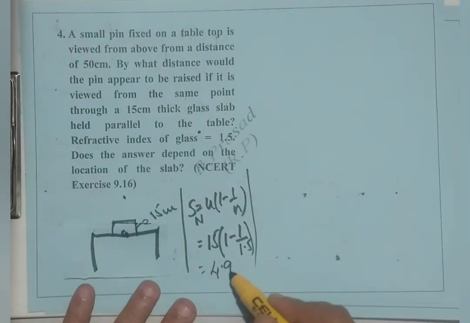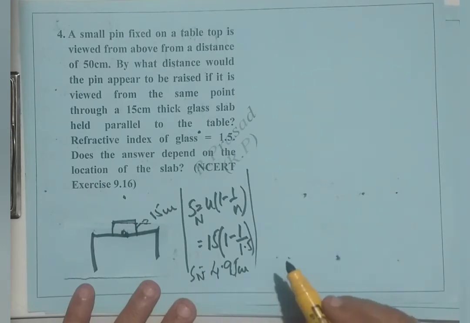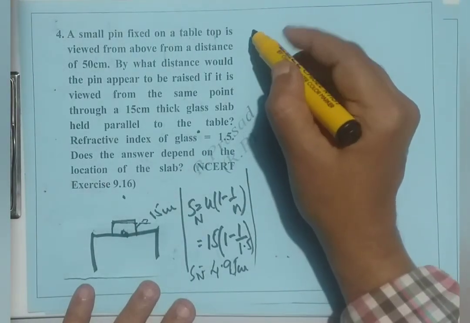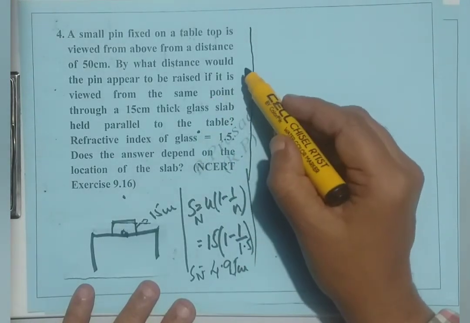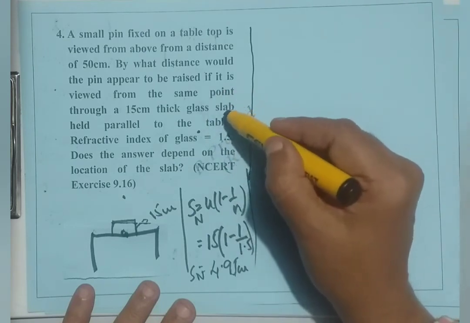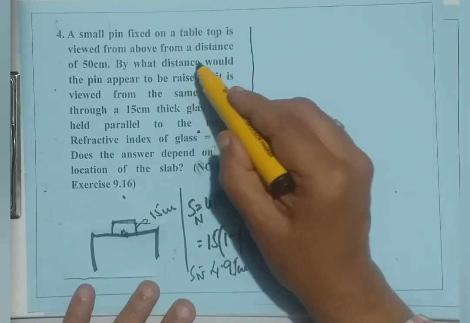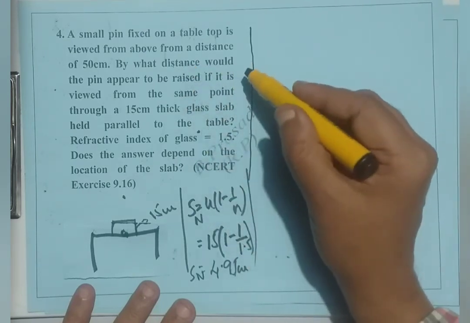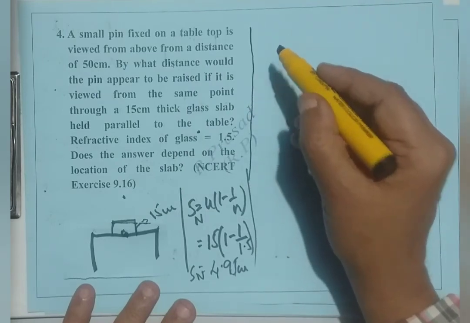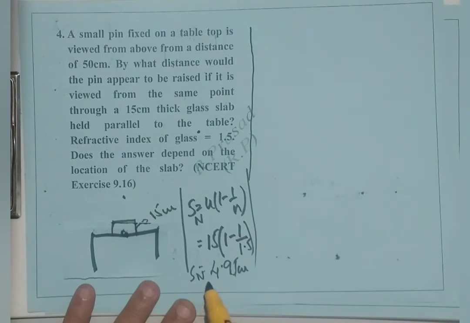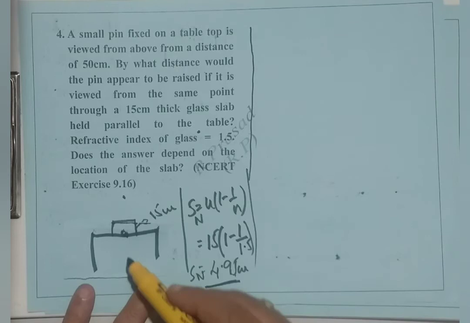This totally 4.95 centimeter. Therefore, total normal shift is this one, and the thing we want to calculate is, by what distance would the pin appear to be raised? That means apparent normal shift is to be calculated. Therefore, this is the distance through which it appears to be raised.